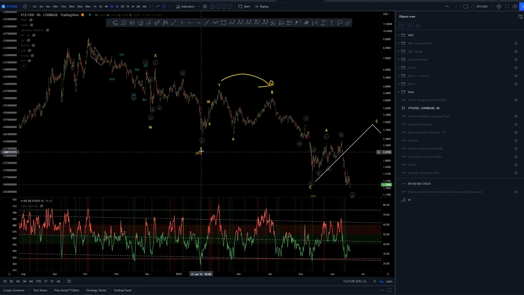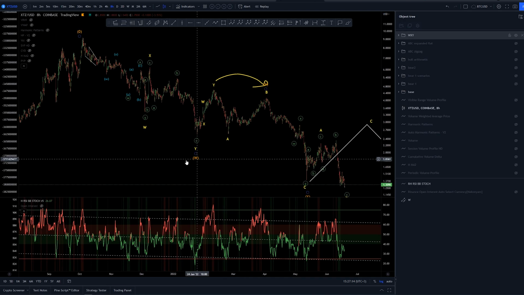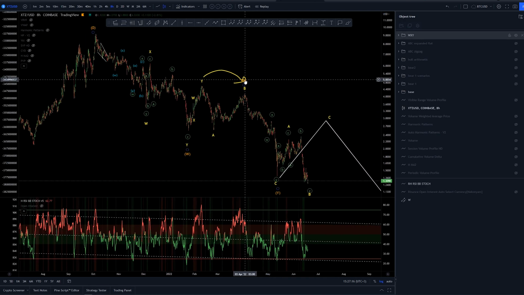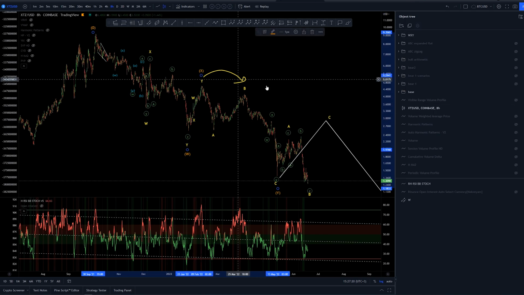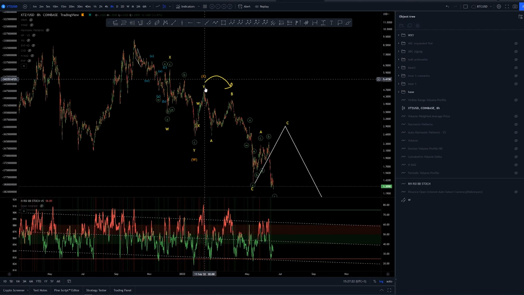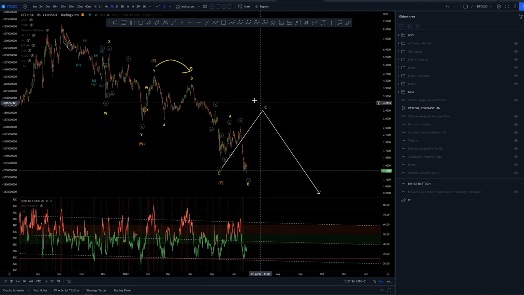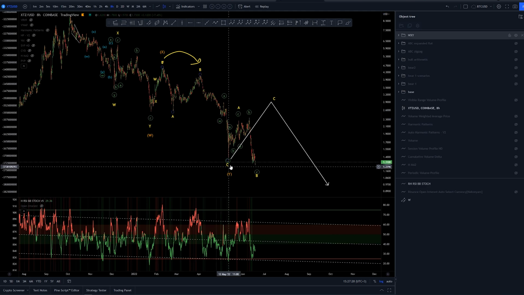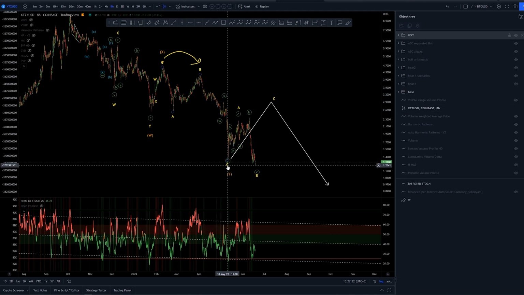For the wave Y, again, we have this zigzag pattern ABC, into W this time. Then we have 3 waves up here, which could end the W here. At that point, we could have this as an ABC or a WXY. We can fit 5 waves in here or 3 waves as well with a double zigzag coming down to here.